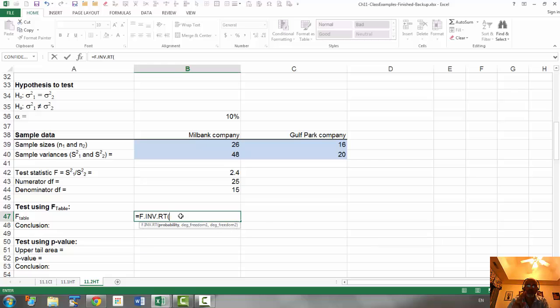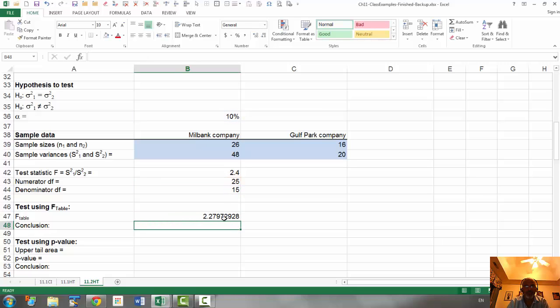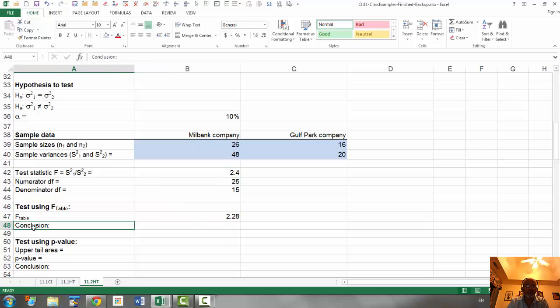And since this is a two-tailed test, we have to take alpha and divide by 2, and then we provide the two degrees of freedom: degrees of freedom for the numerator and degrees of freedom for the denominator. So this will give us the F table value, and if the F statistic is larger than the F table value, which in this case it is, then we reject the null hypothesis.